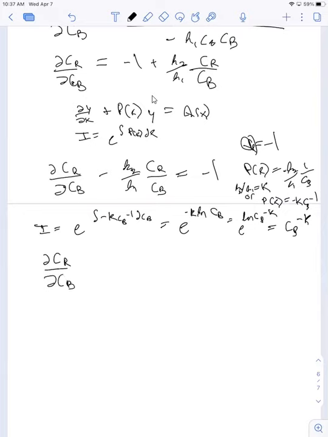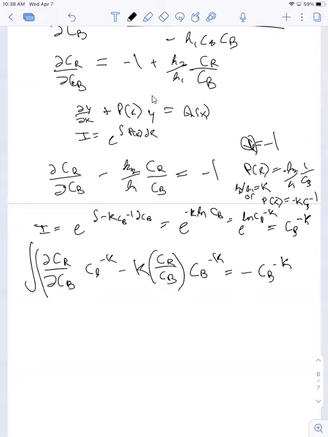So we have dCR/dCB times CB to the -K, and then minus K CR over CB times CB to the -K equals negative CB to the -K.